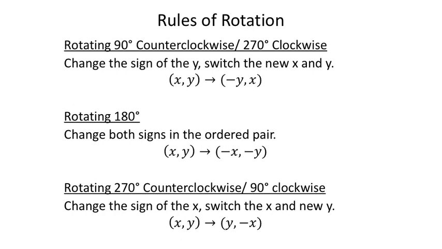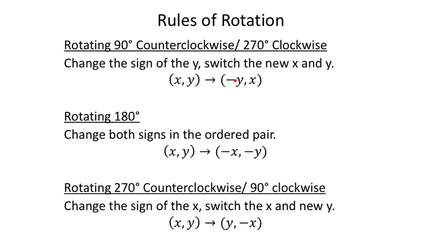It brings us to this slide. So that last one, we were looking at 90 degrees counterclockwise and 270 degrees clockwise rotations. This is an abstract form of the rule because, as it turns out, we don't actually need the graph, which means if we just knew the ordered pairs of the points, we could use these rules, okay? So right at the top here, 90 degrees counterclockwise and 270 degrees clockwise. You're going to take your x and y value.